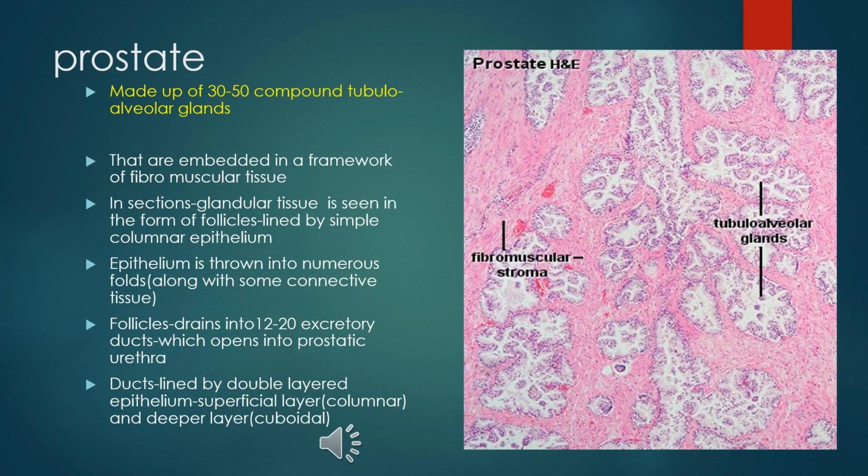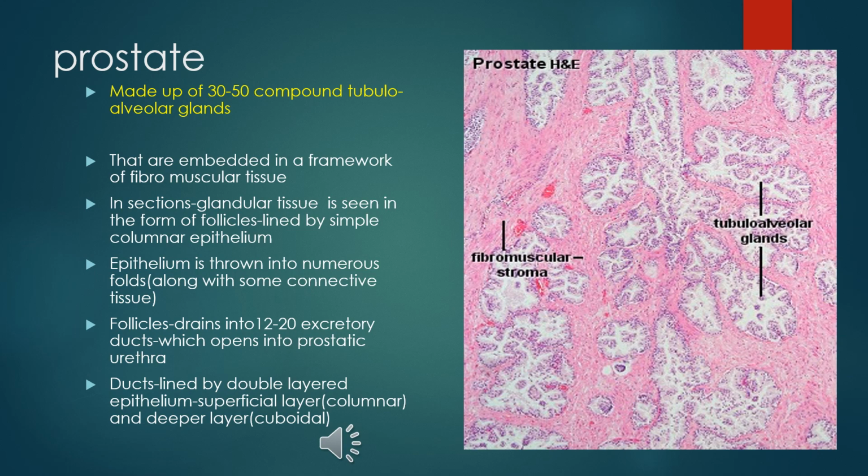In this diagram, you can see the sections of the glandular tissue. It is in the form of a follicle lined by simple columnar epithelium. The epithelium of these follicles is thrown into folds along with some connective tissue.